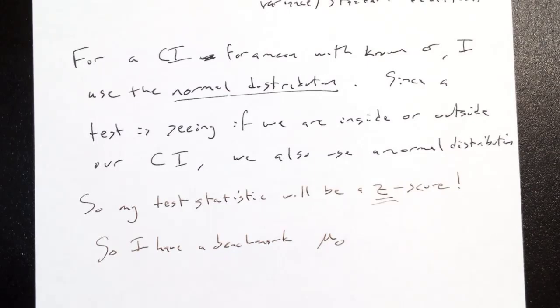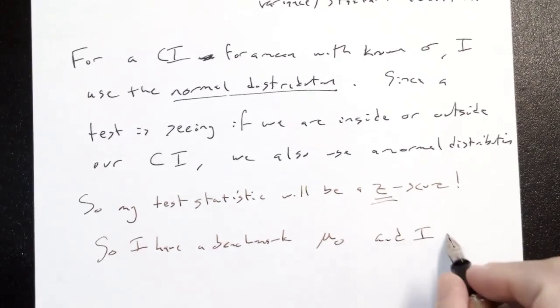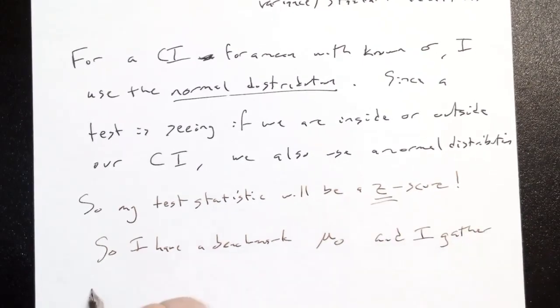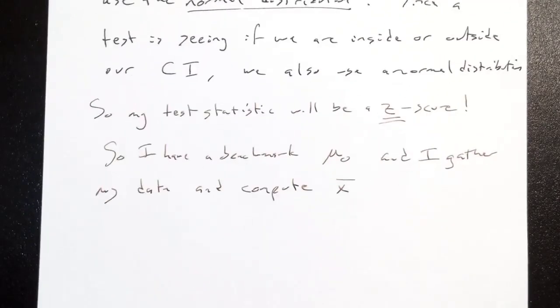Remember the example I was doing on Friday? I said the average should be 4. That's our mean 0. I gather my data and figure out my average. That's my sample mean. I want to test: is this inside the confidence interval?